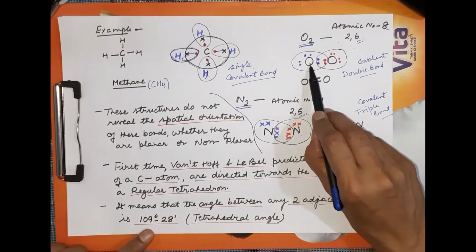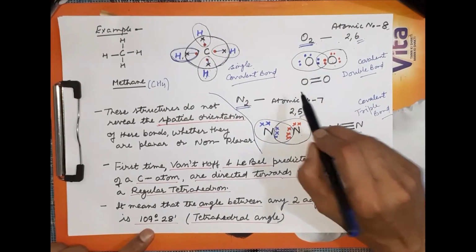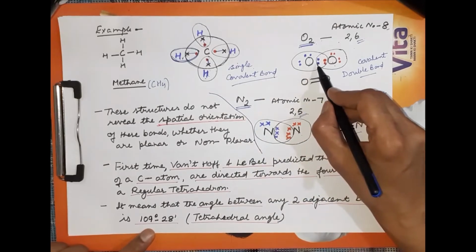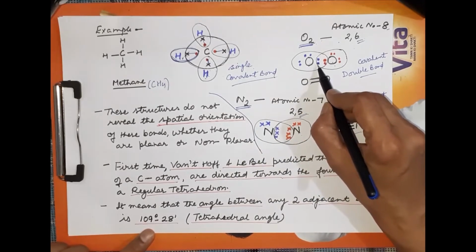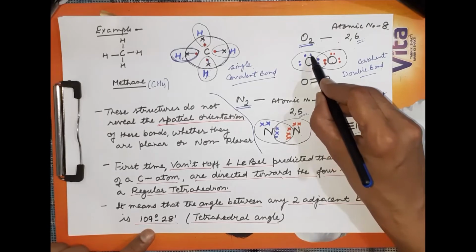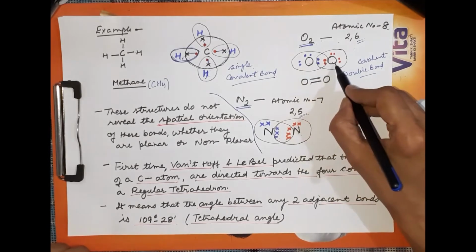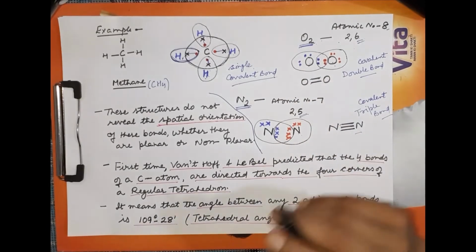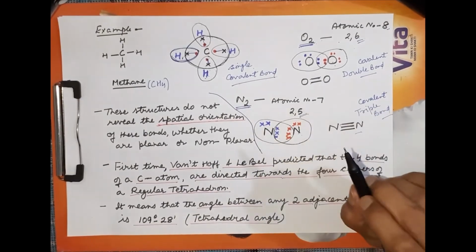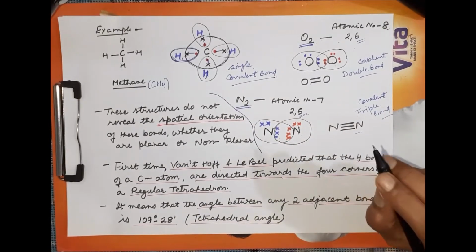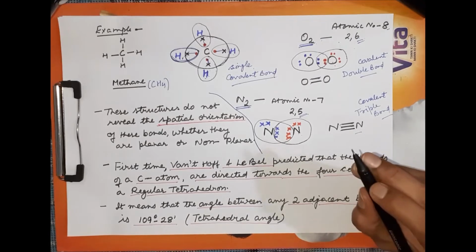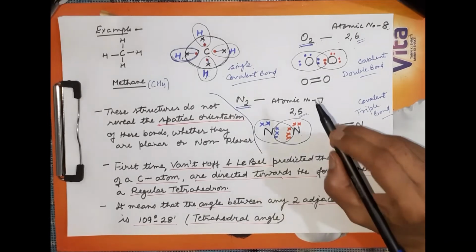For both these oxygen atoms, we can write like this. Oxygen has 6 electrons in the outermost shell, 1, 2, 3, 4, 5, 6. Same with this oxygen atom also. Then oxygen atom needs 2 more electrons to complete its octet.